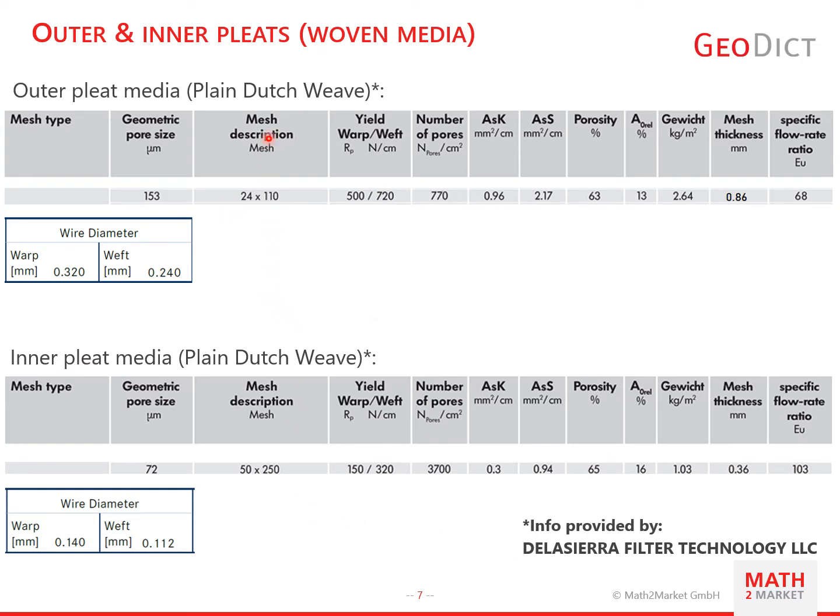And by having this mesh description, the warp and weft diameters, and by knowing the mesh thickness or the media thickness, first of all, we can model the geometry of the filter media, which in this case is woven media.